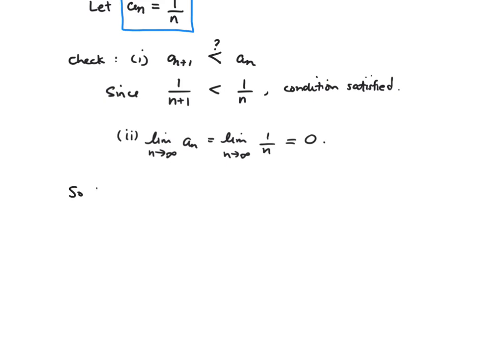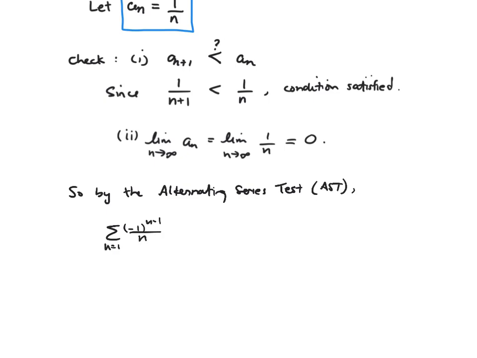And so by the alternating series test, that is the AST, this series, negative 1 to the n minus 1 over n, converges. The two statements were shown to be true.